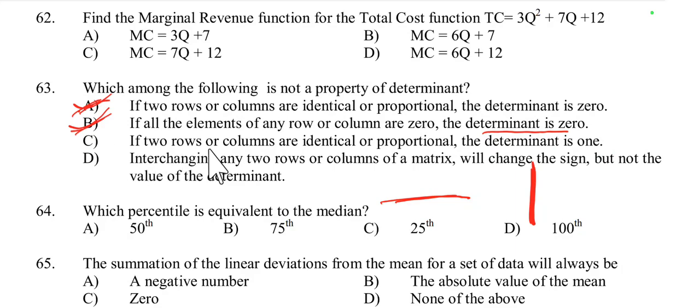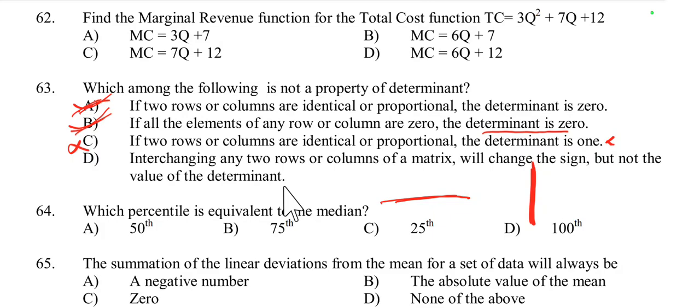Then if two rows or columns are identical or proportional, then the determinant is 1. No, it is 0. It is not 1. So option C is incorrect. Then interchanging any row or column of a matrix will change the sign but not the value of determinant.